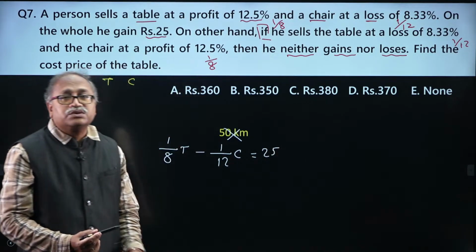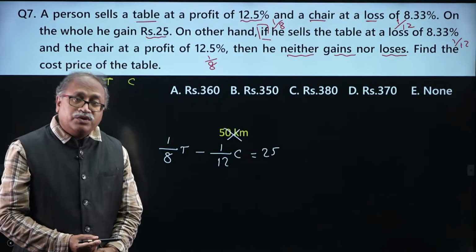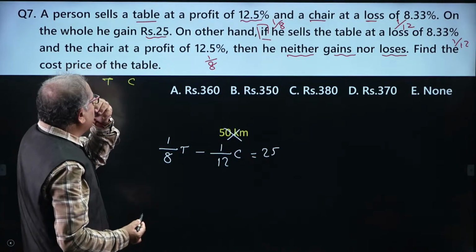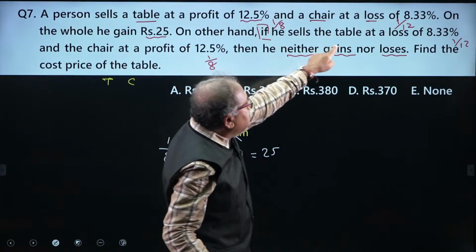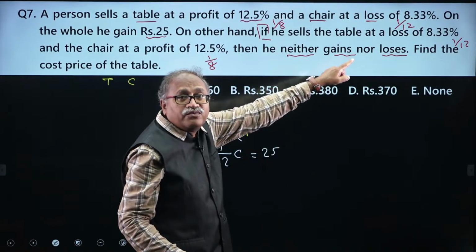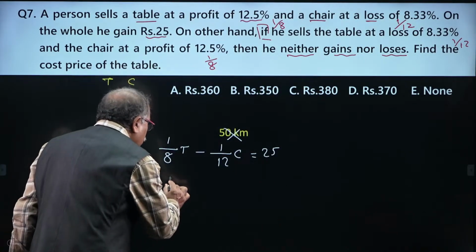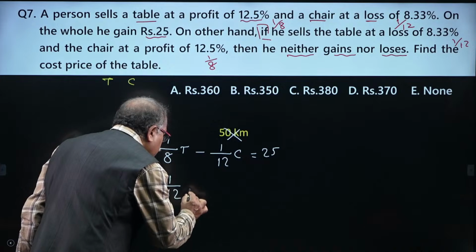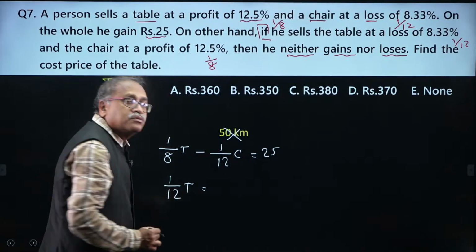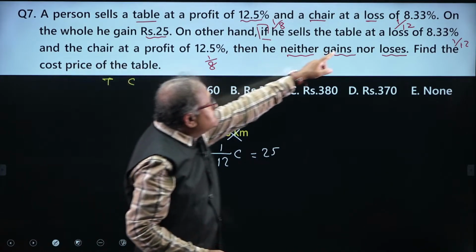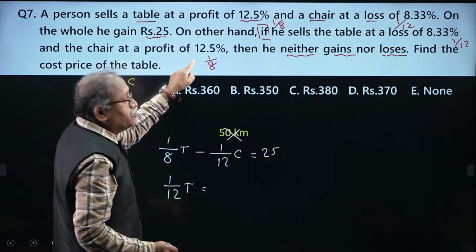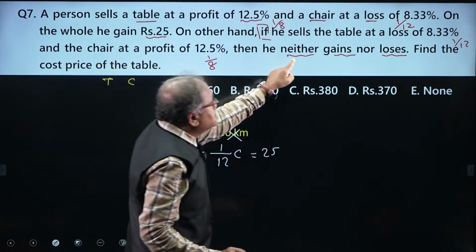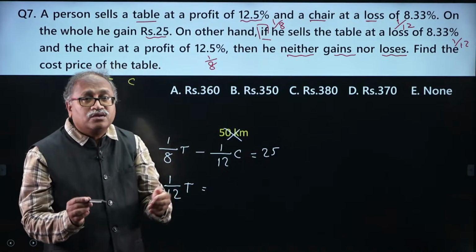And we also have one more piece of information, that the table at a loss of 1 by 12, so 1/12 of table, with this loss and this profit, in this case there is neither gain nor loss.